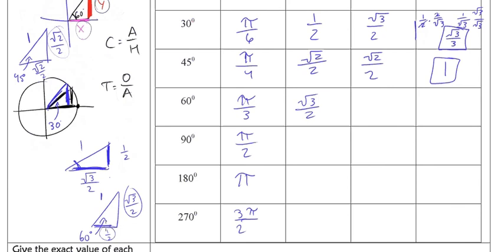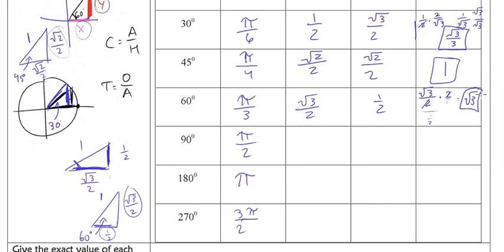Cosine is our x value, 1/2. And when we divide this out, we've got the square root of 3 over 2 divided by 1/2, which really is times 2 over 1. 2 divided by 2 is 1, and it leaves us with the square root of 3 over 1, which is just the square root of 3.